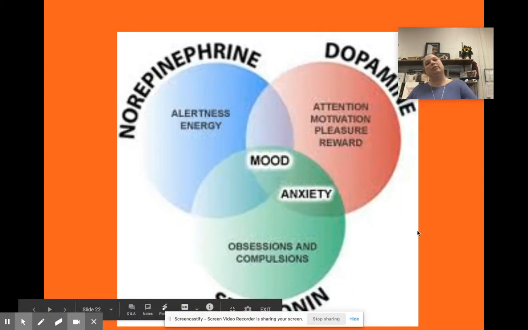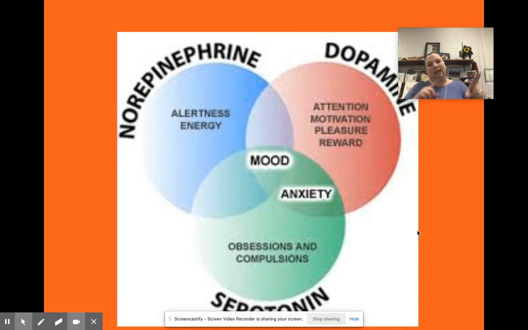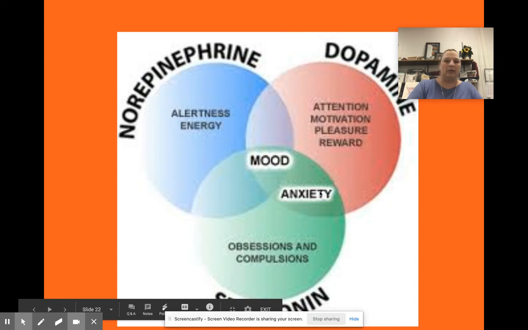This just kind of shows you how the three different areas intermix and affect mood and anxiety. You've got the norepinephrine that's got your alertness and your energy. Your serotonin would be influencing your obsessions and your compulsions. Your dopamine has to do with more attention, motivation, pleasure, and reward. And then you want to find a nice balance within those for your moods and your anxiety.